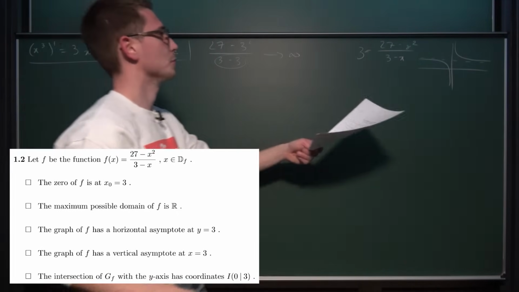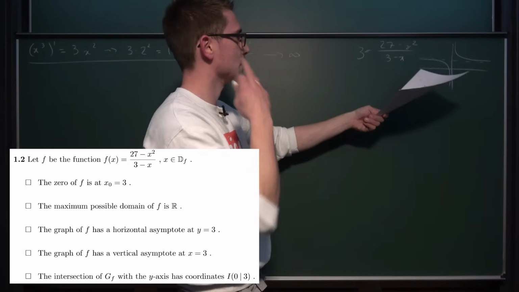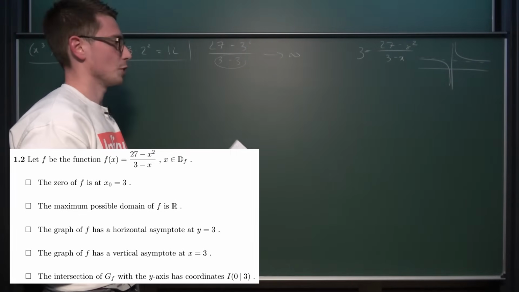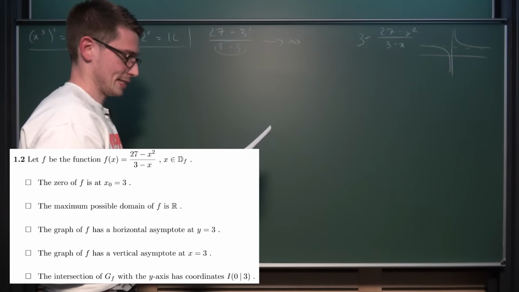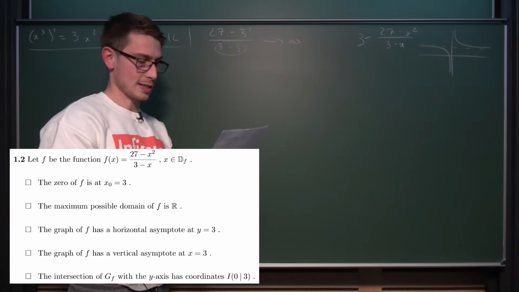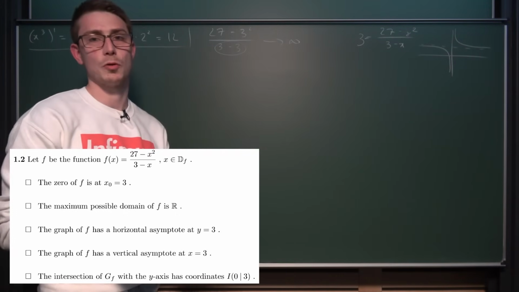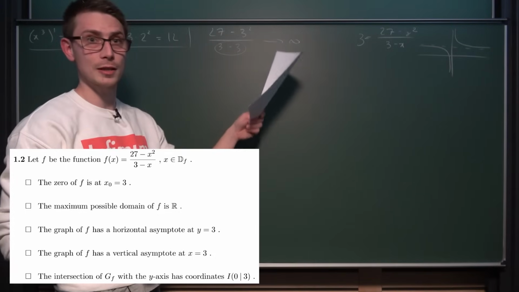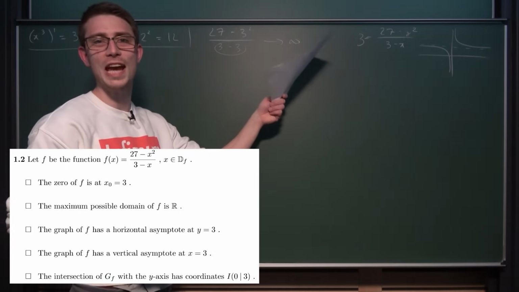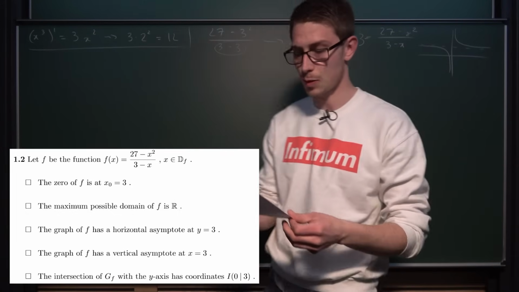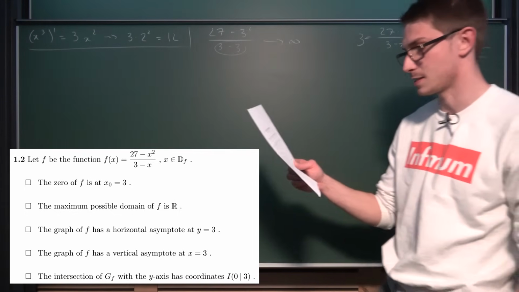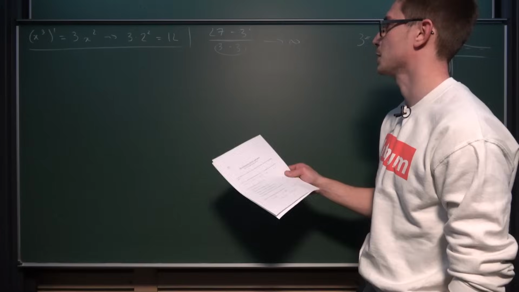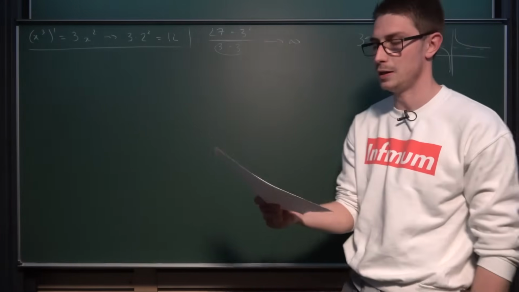This is a limit argument, and for x going to infinity, you are going to notice that it doesn't strive to that value of y, basically. But the next one is going to be interesting. The graph of f has a vertical asymptote at x being equal to 3. Meaning if we plug x being equal to 3 into here, the thing explodes to infinity. Hey, who would have guessed? It's answer D. And the last one, the intersection of the graph of f with the y-axis has coordinates (0, 3). If we plug 0 into here, it also doesn't work out. You are going to get none out.